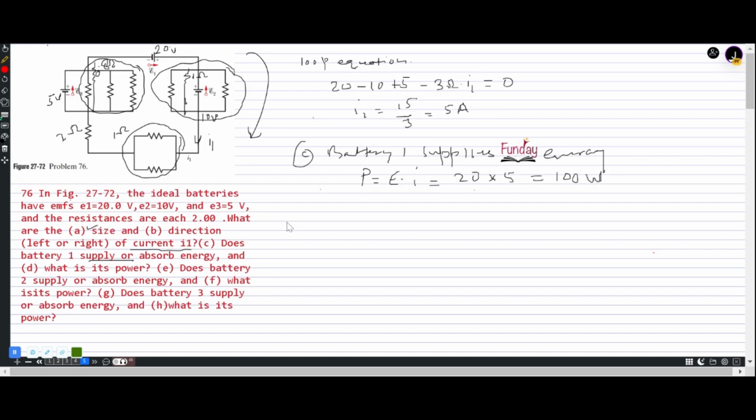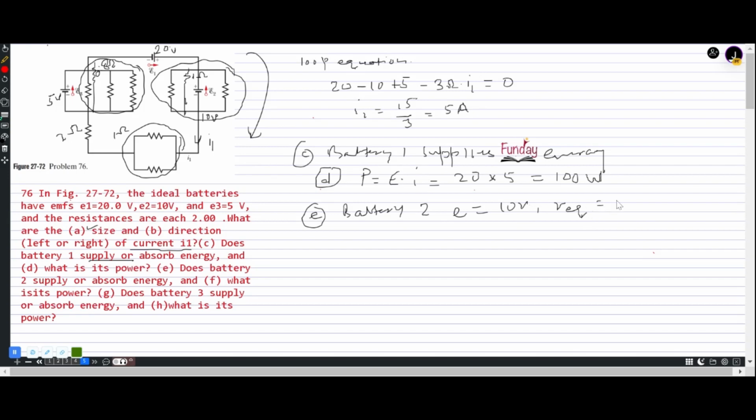Now next is, does battery 2 supply or absorb energy? Now we'll look at battery 2. Battery 2 has an equivalent resistor of 1 ohm across it. So the current through this 1 ohm resistor would be E2 over 1 ohm, and E2 is 10 volt. That means the current through this resistor is 10 ampere, while the current in the circuit is 5 ampere.